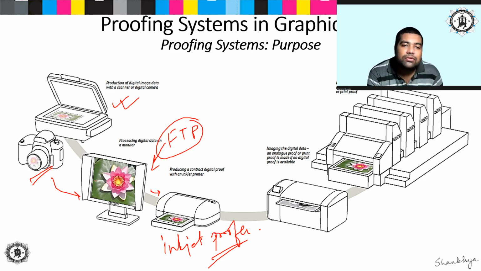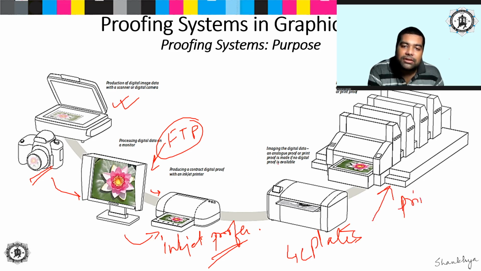So you can do all the necessary rectifications if there are any, and you can go for ultimately printing that using your proofing machine, right? And on the other end, you are getting the output in your offset machine first via plate, getting the 4-color plates, and then you are going for the actual printing operation, right? So this is your entire circle.